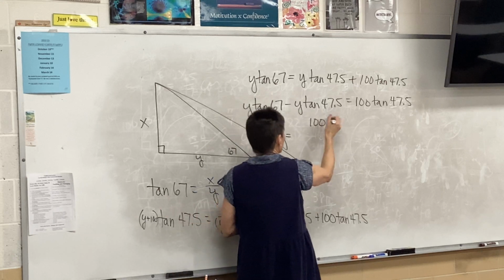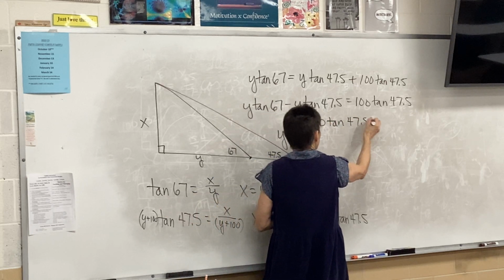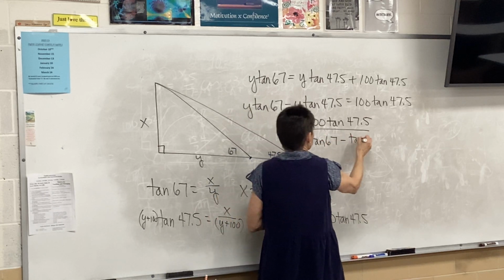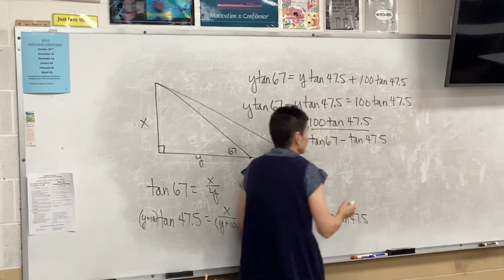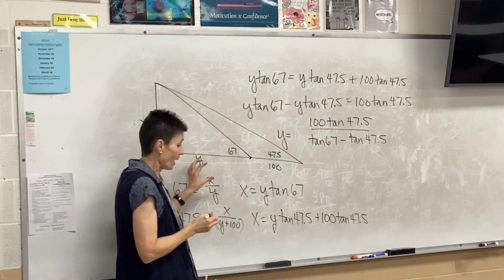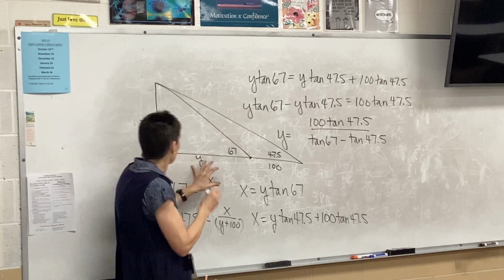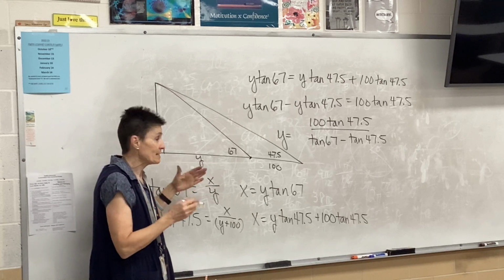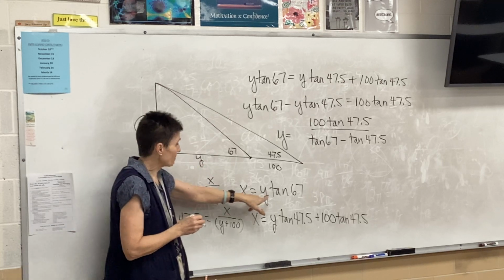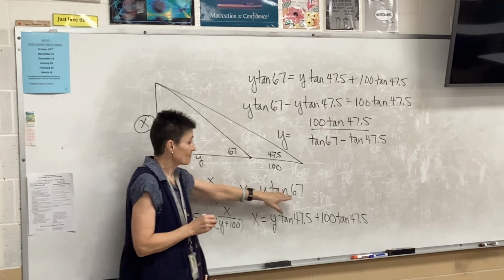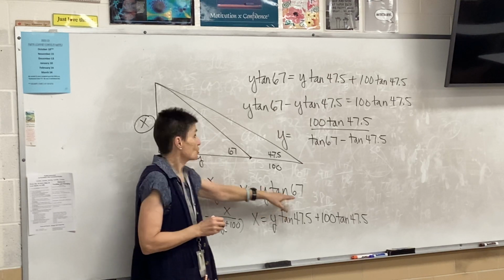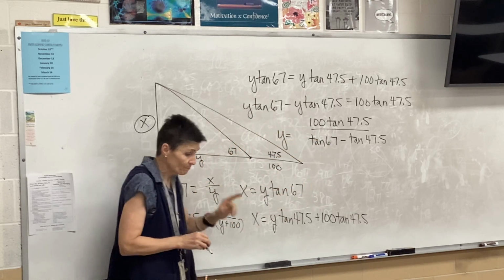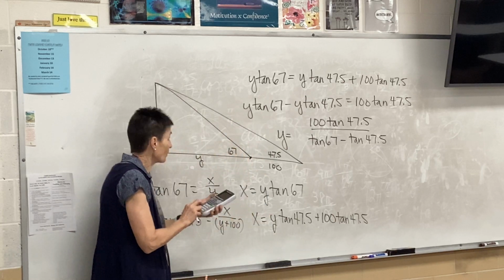So y is going to equal 100 tan 47.5 divided by tan 67 minus tan 47.5. Now that is going to be my y value. And I think the question was the x value. But that's going to be easy because x is simply your y value times the tangent of 67. So when I get my y value figured out, I'll just take times tan 67 and that will be my x value.